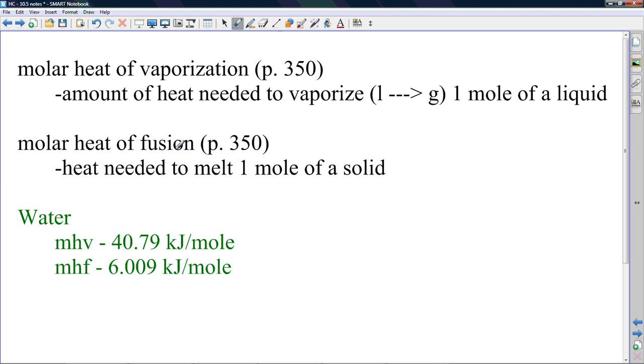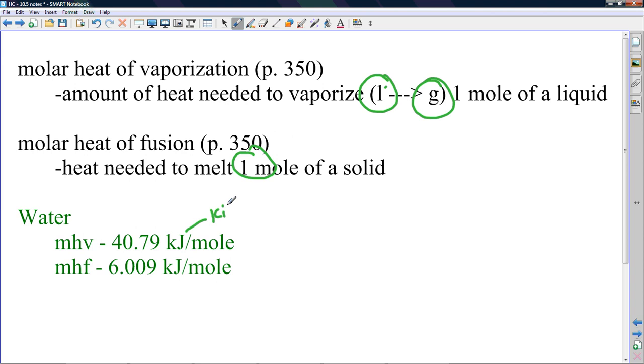Now, vaporization and fusion could apply to any chemical. Specifically, we're just going to look at water. So how much heat is needed to change water into steam or water vapor, as well as how much heat is needed to melt a mole of ice into liquid water. Well, if you notice here, MHV, molar heat of vaporization, is 40.79 kJ per mole.